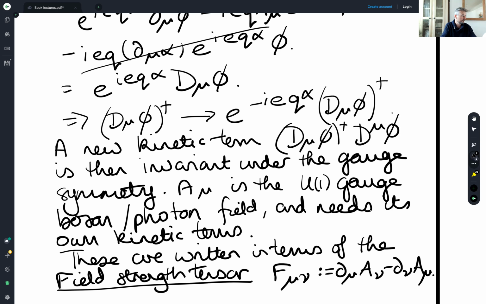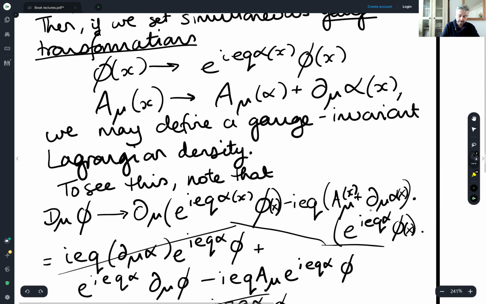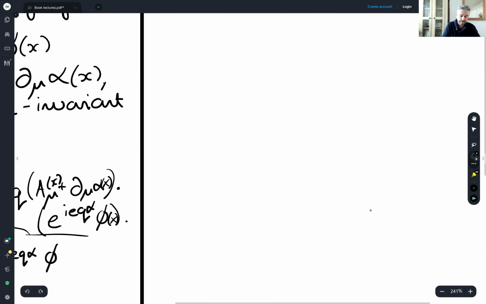All right, so we'll see in just a second how to construct the kinetic terms in the Lagrangian density for this photon field. But let's consider first how this F mu nu transforms under the gauge transformation. We know what it is in terms of partial derivatives and the photon field, and we know how the photon field transforms as well, so we can work that out.